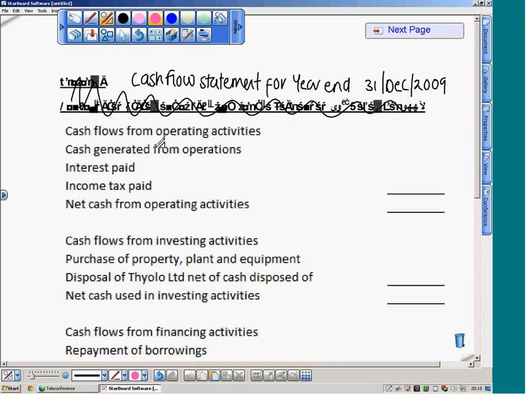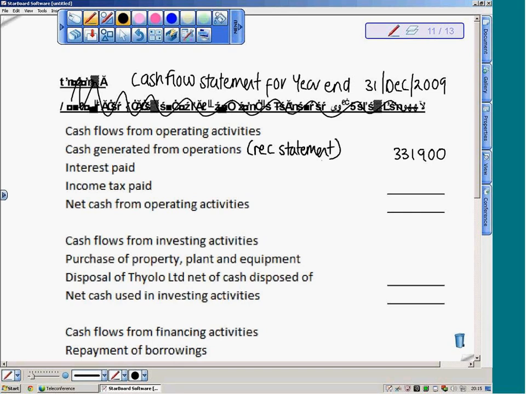So, start off with operating activities. I worked out my cash generated from operations at 331,900. Okay, I can reference that back to my reconciliation statement. The interest paid, well, we've just worked it out: 73,000.